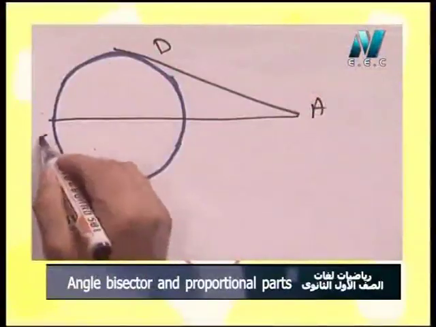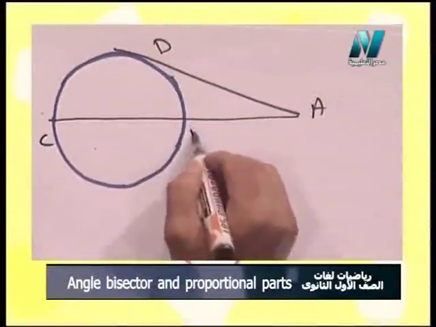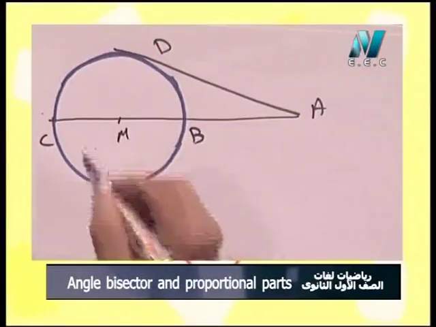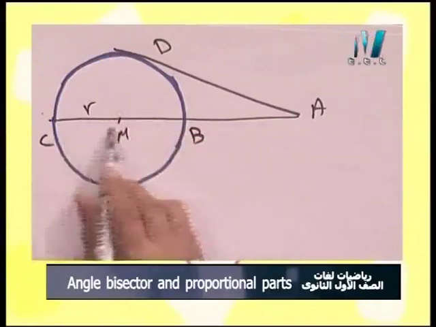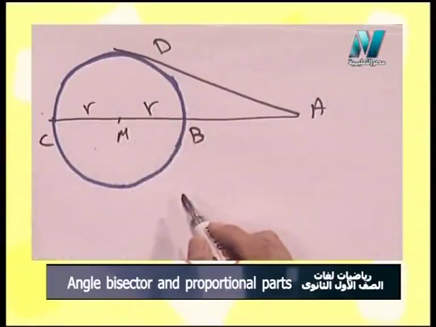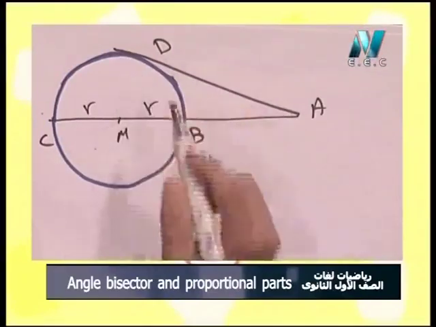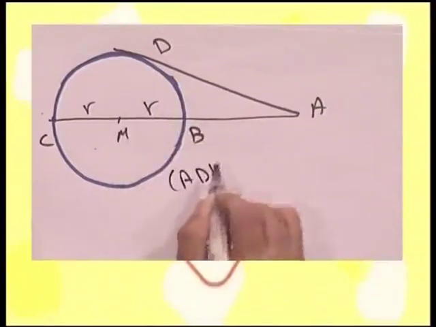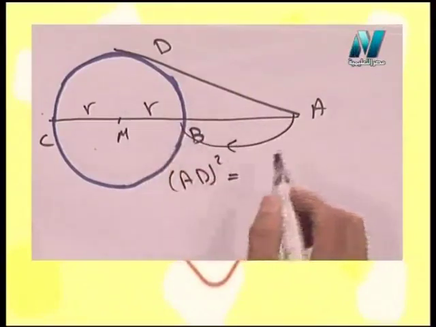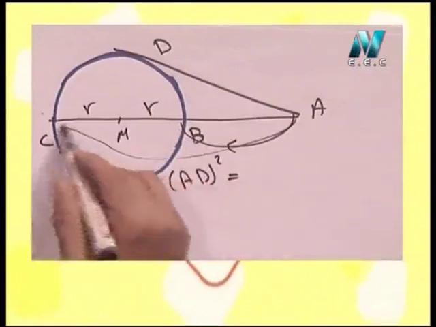If we have a tangent AD, and we have AC like that, we have here point B, and this is the center of the circle, and we have also R, the radius of the circle here, CM equals R, and MB equals the other R. We know that AD power 2, from the previous studying, equals AB multiplied by AC.